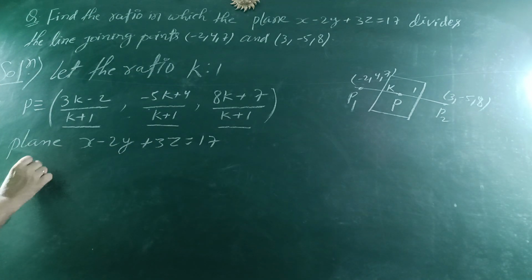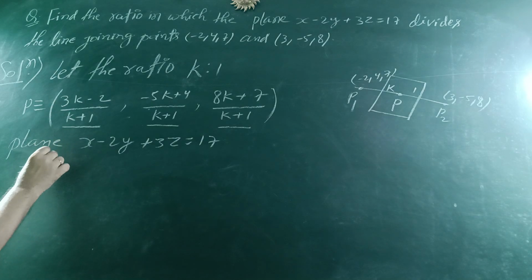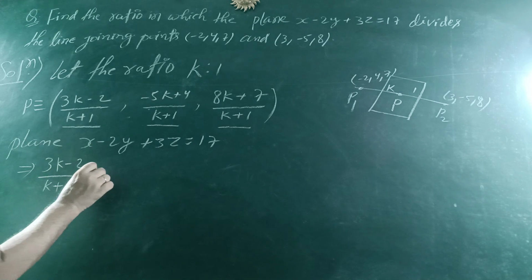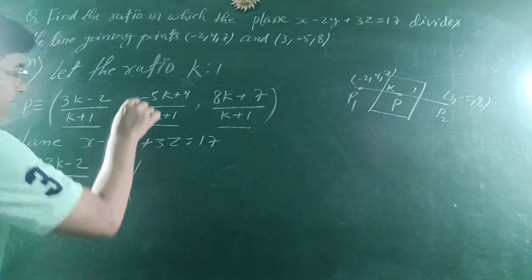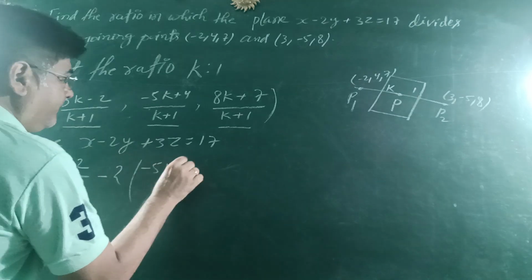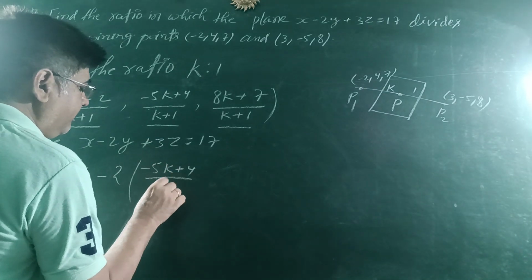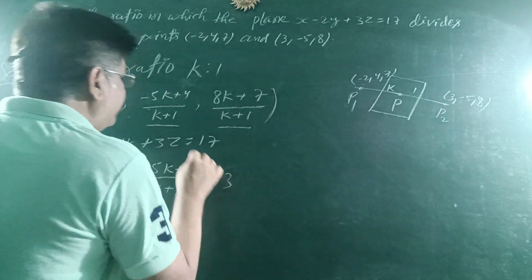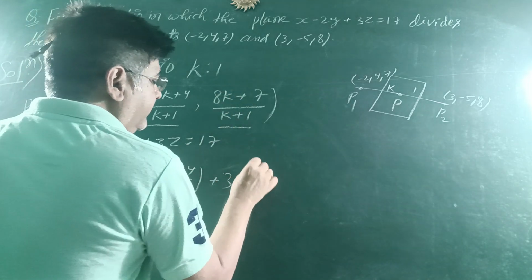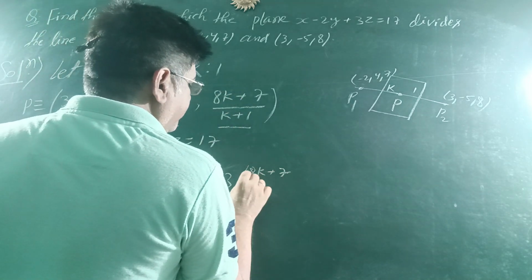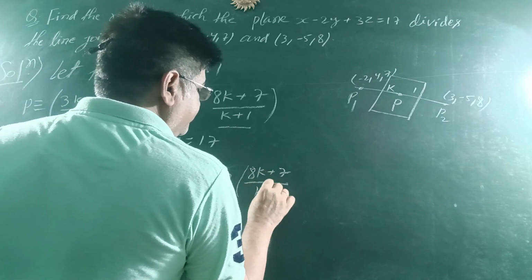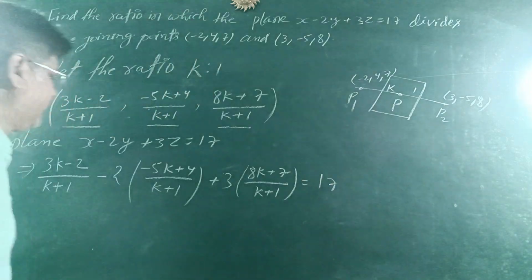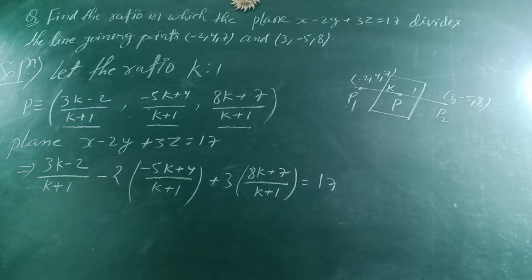So easily solve it: (3k minus 2) by (k plus 1), and minus 2 multiplied by (minus 5k plus 4) by (k plus 1), and plus 3 z, which is (8k plus 7) by (k plus 1), is equal to 70. Find the value of k.